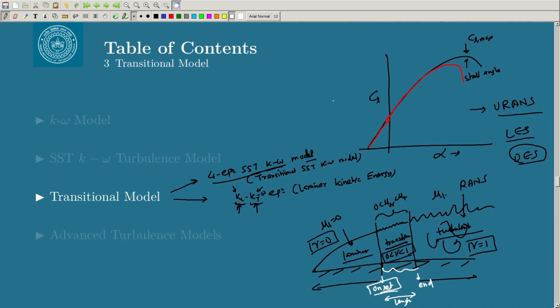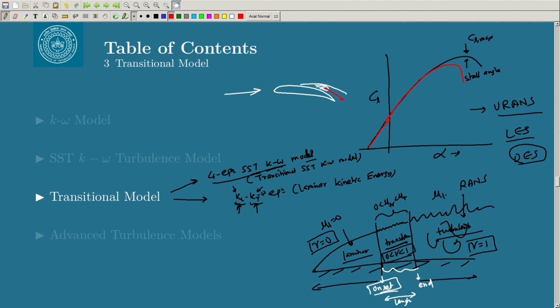You can also have a separation induced transition. For example, I was talking about the flow separation on an aerofoil or a wing. Let us say flow is coming from this side, and when it goes here, it becomes separated. When it becomes separated, your flow may become transitional within the separation.